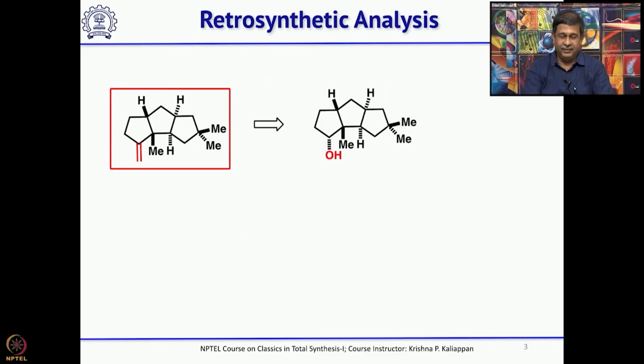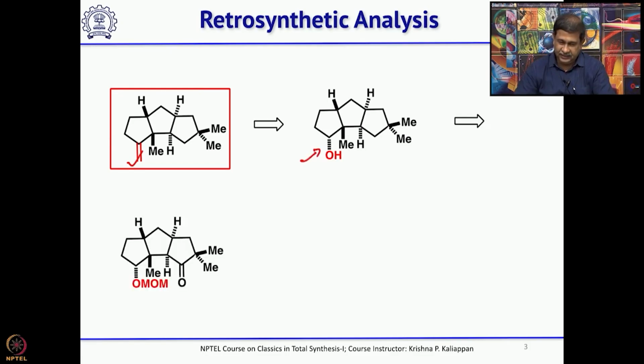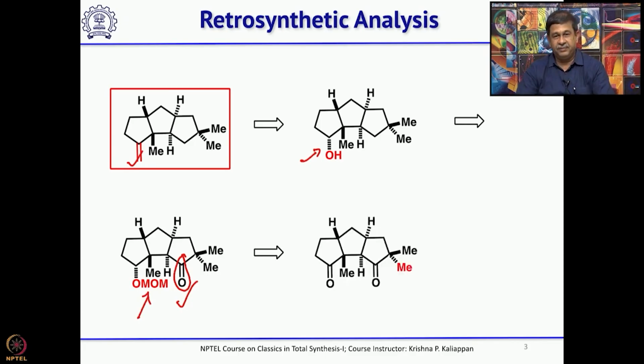As you know, when you have a double bond, the double bond can be obtained from alcohol via oxidation and Wittig reaction, and this can be obtained from this keto intermediate. This keto intermediate is required, which we will come to know when we talk about the synthesis. So, you can remove the carbonyl group in 2 to 3 steps, and at the same time after doing that you can remove the MOM group to get the hydroxyl, and this can be obtained from the diketone.